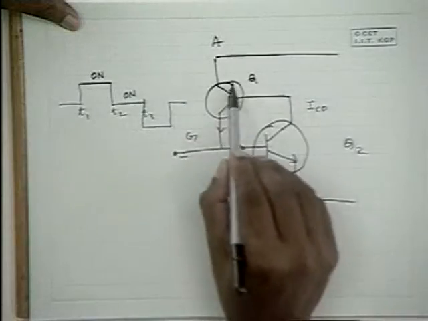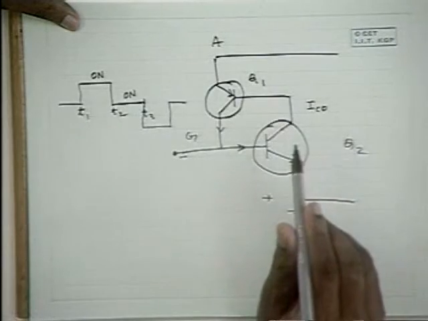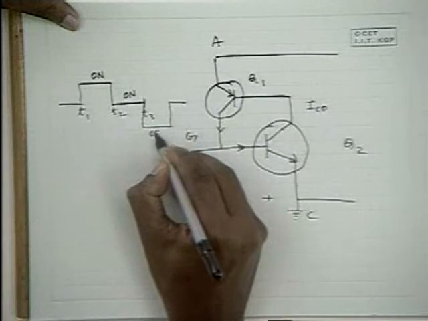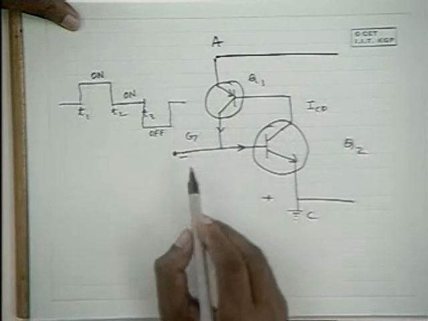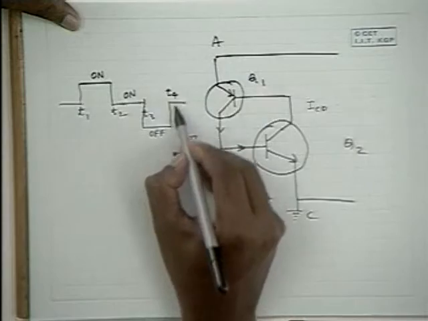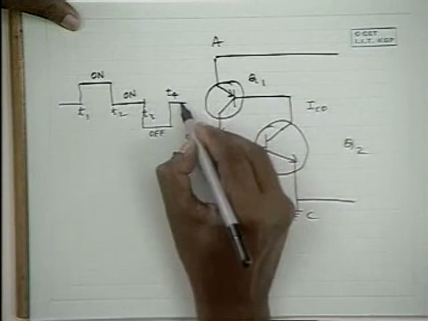And as a result, both Q1 and Q2 go off. That means the SCR goes into off condition. Therefore, here the SCR is turned off. Now, even if the potential is removed and again made to be 0, the SCR still remains in the off condition.